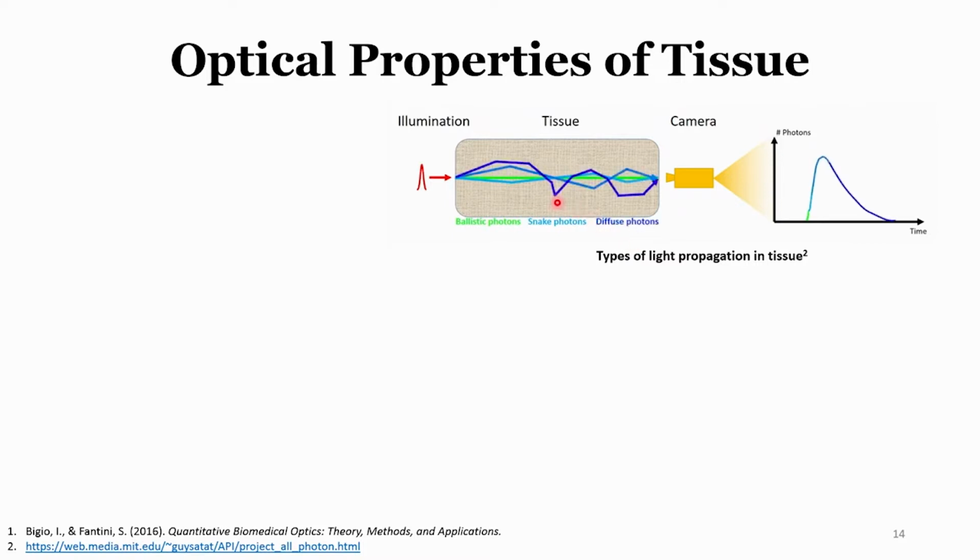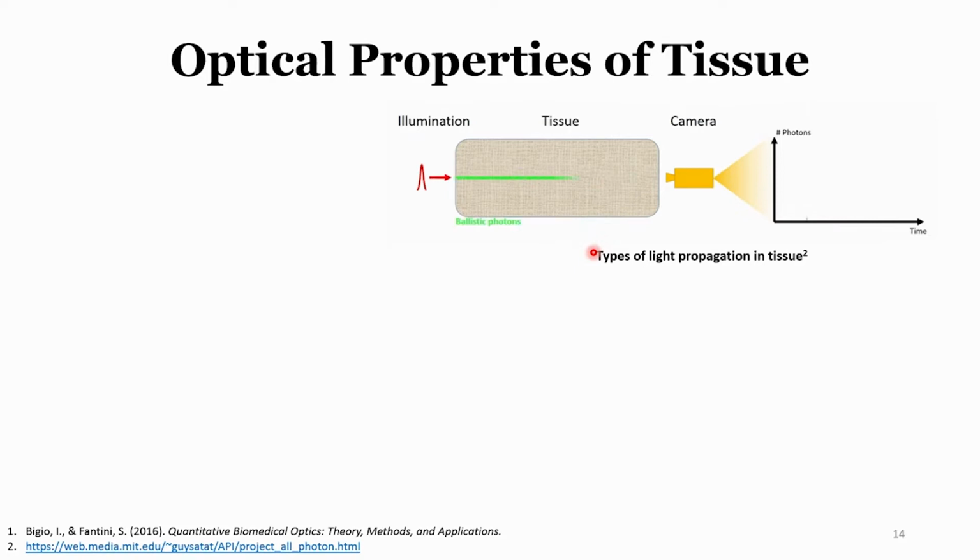In a turbid media such as tissue, we will always see diffused photons when the tissue dimension is more than 1 mm or 2 mm. When the dimension of the tissue increases, the diffusion nature is going to be more dominant.